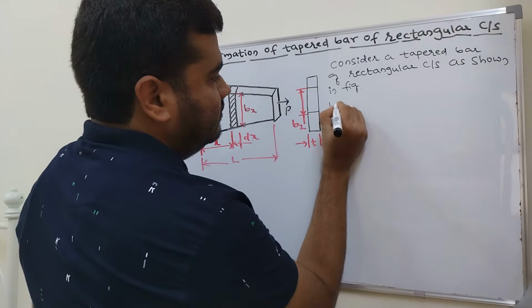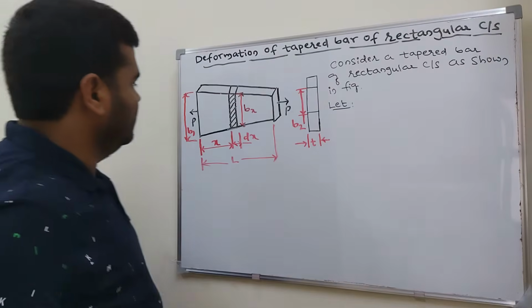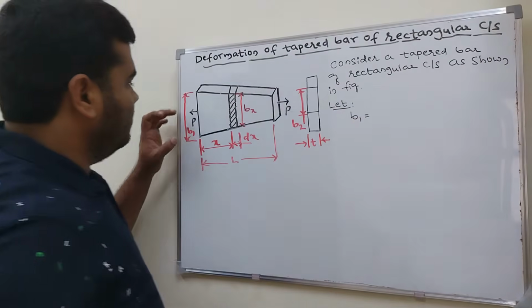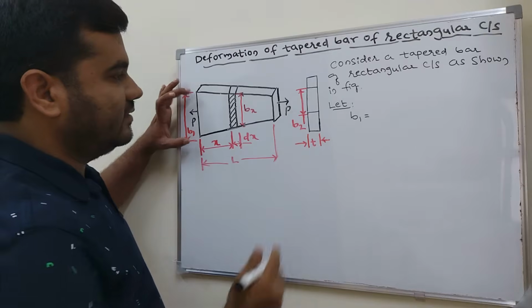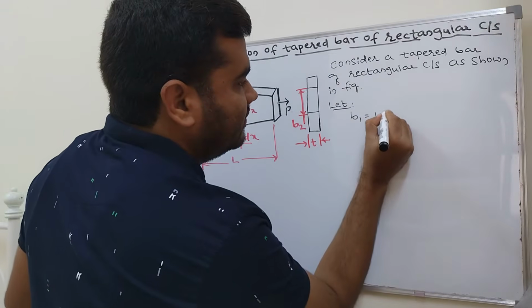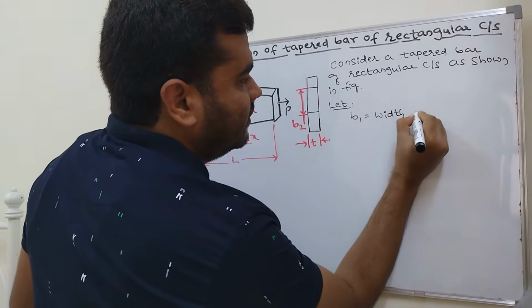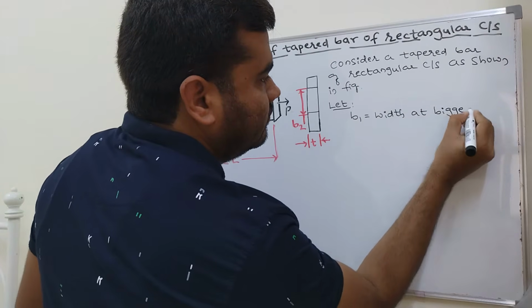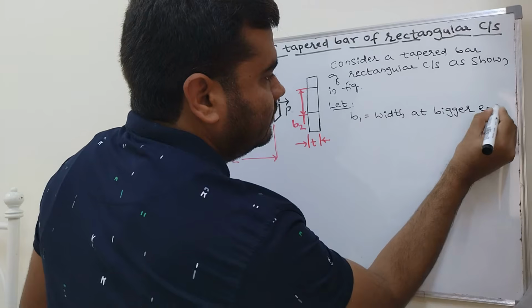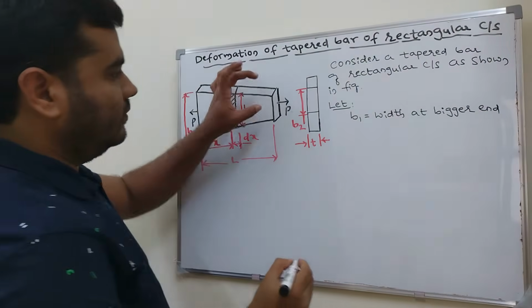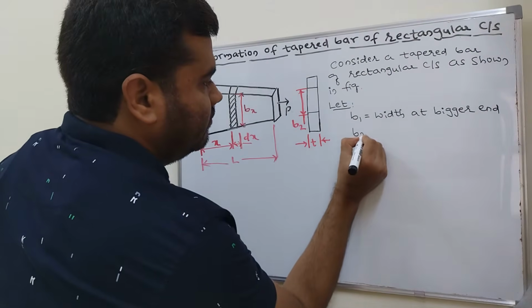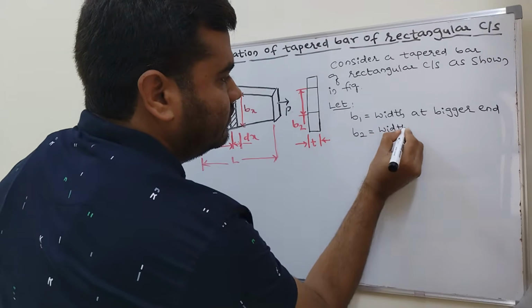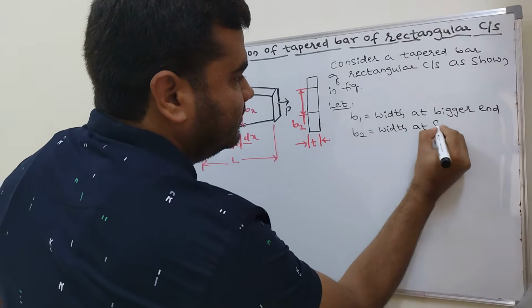Let B1 equal to, what is B1? It is the width at the bigger end. B2 equal to width at the smaller end.